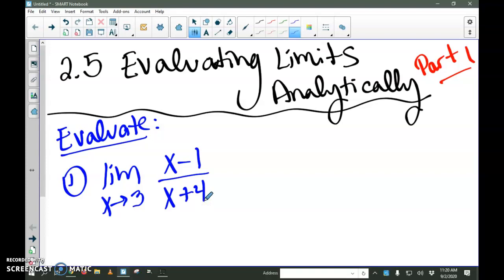And I call this a rational function because it is a function divided by another function. A rational number is a fraction, and so a rational function would be a function written as a fraction.